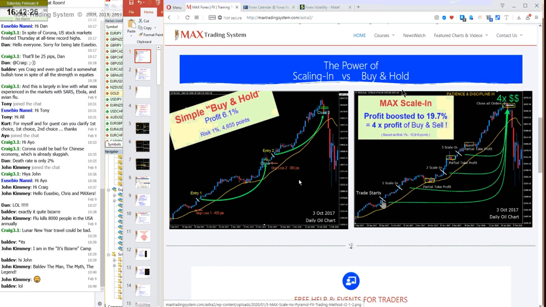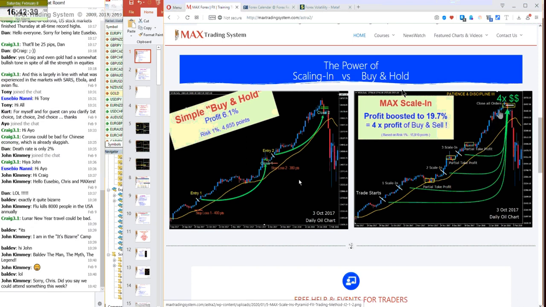So if you didn't get in right at the very beginning, like down here, then there are still other opportunities that you can use to get into it. And with the max, a lot of the times you can get out very close to the end of the trend itself. So that's just to give you an idea of the difference between the simple buy and hold, the primer course, and the standard.